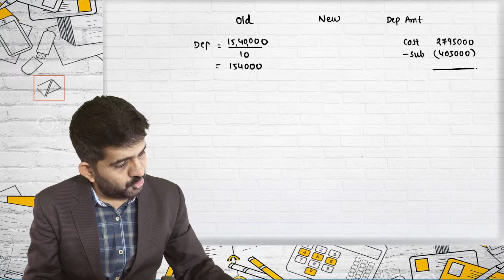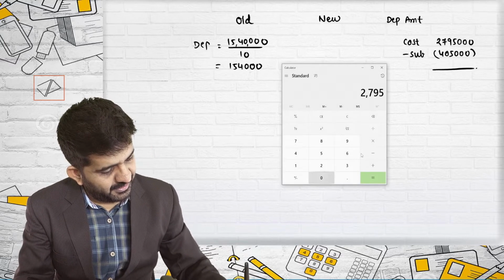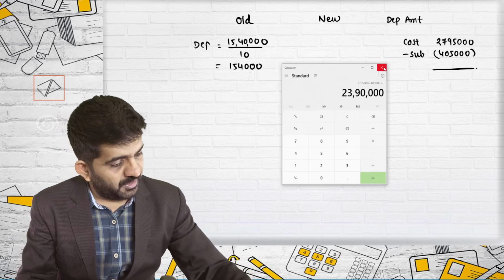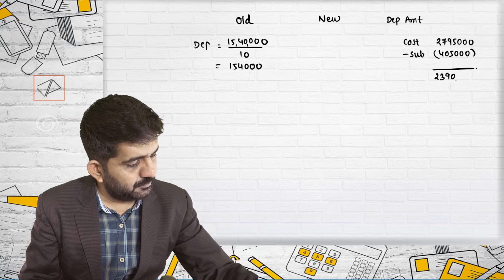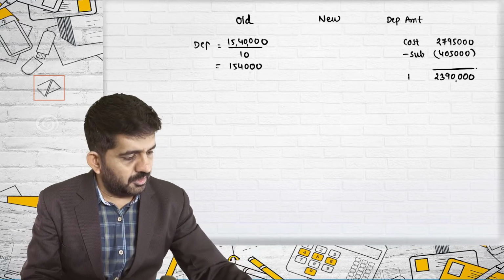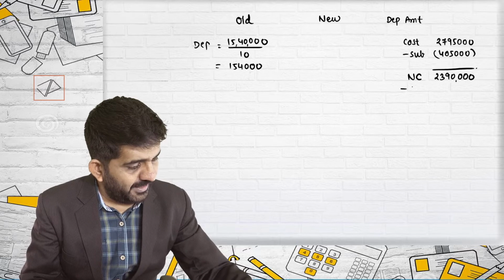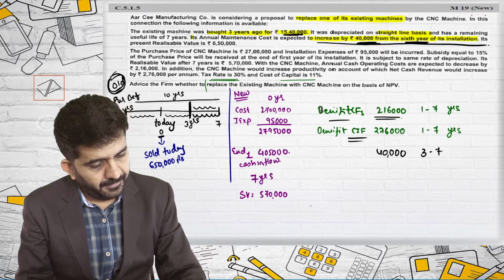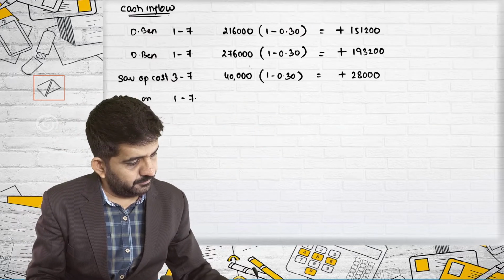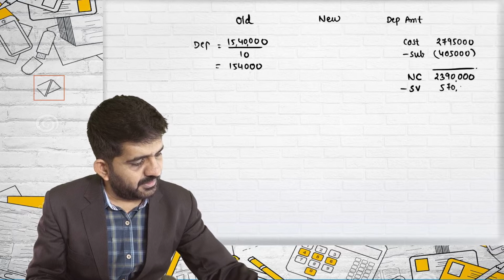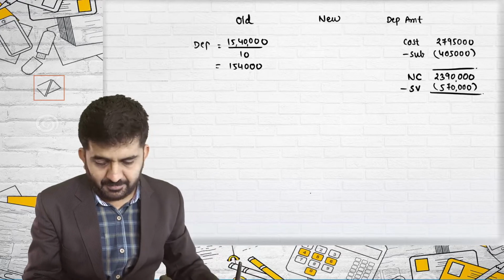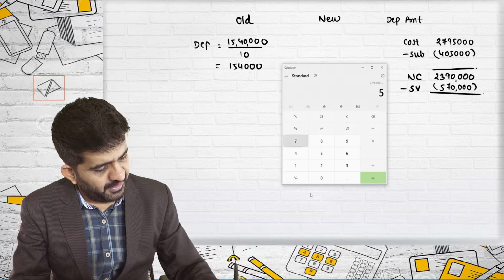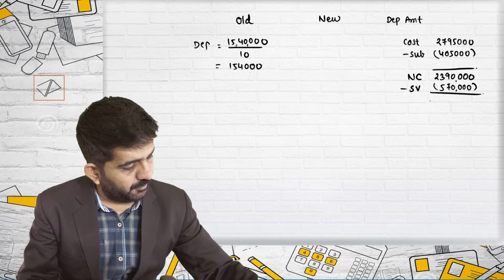So net cost will be 27,95,000 minus 4,05,000, which is 23,90,000. This is net cost minus scrap value. Now this also has a scrap value of 5,70,000. So this will be my depreciable amount, 23,90,000 minus 5,70,000, 18,20,000.